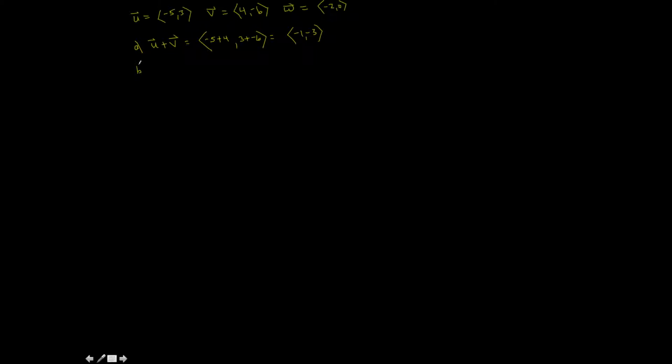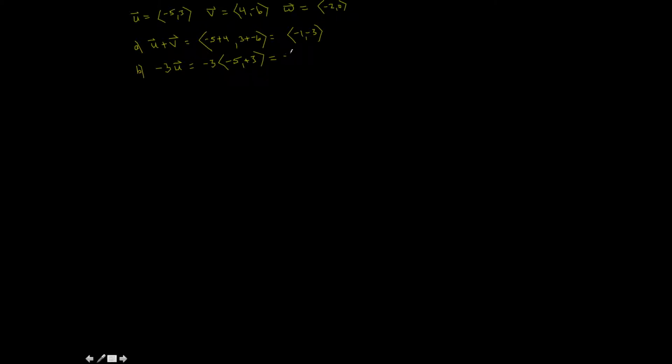Okay, let's look at another one. Now here's where we're going to multiply with a scalar. So negative 3 times vector u is the same thing as negative 3 times negative 5, 3. Excuse me, that should be positive.